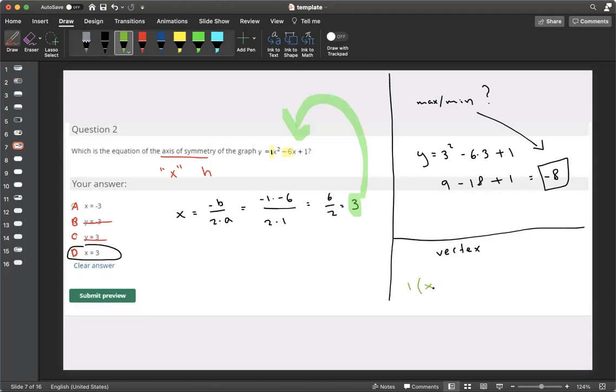And then our h value. Whenever we put anything into parentheses, we switch the signs. So instead of positive 3, we're going to have minus 3 squared. And then we're going to add the k. That is my k. So in this case, k is negative 8. So over here, we are going to have minus 8. And this is going to be vertex form.